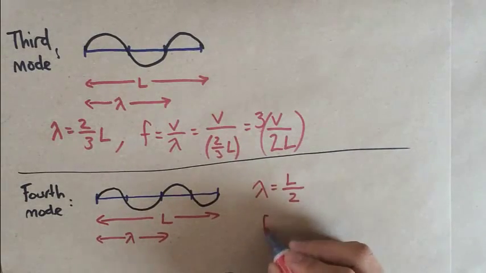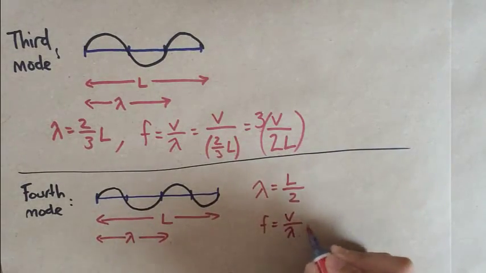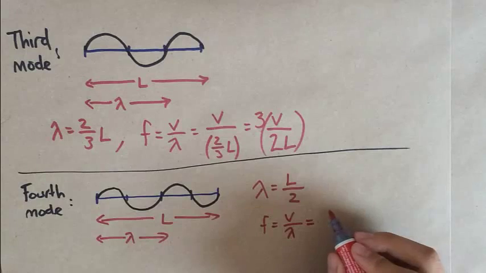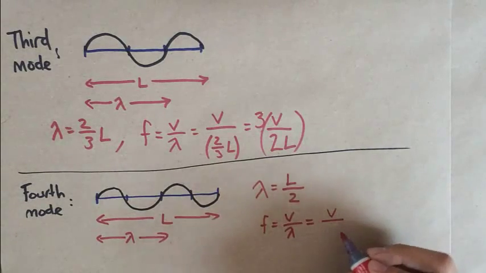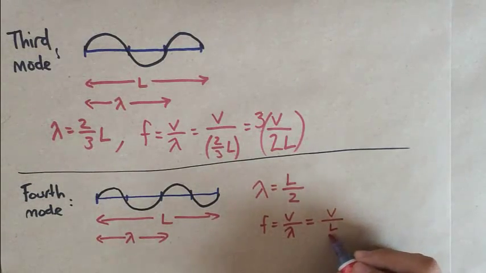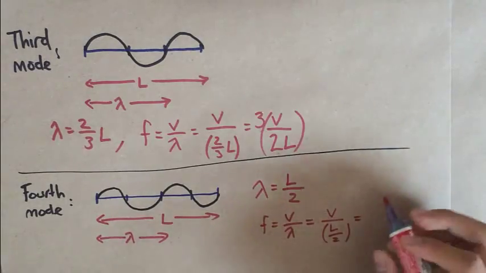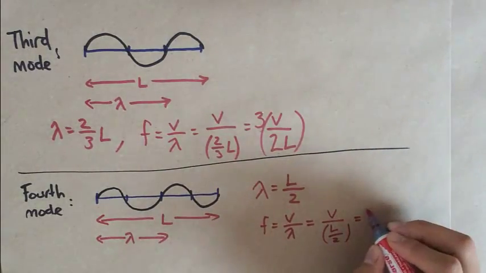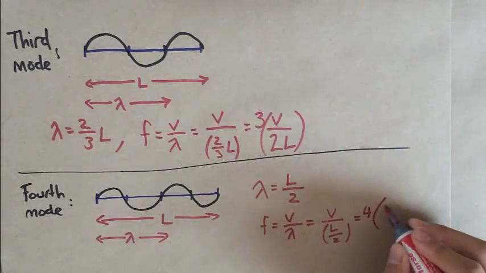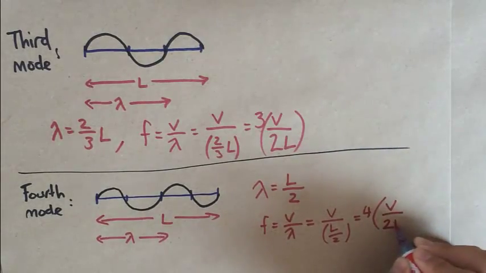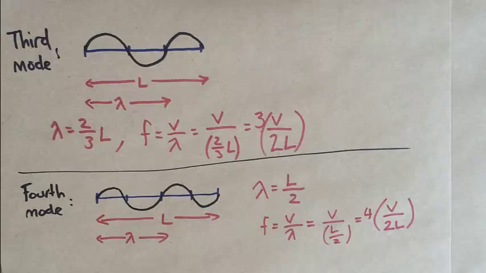So that means the frequency, if you write out v over L over 2, would equal, if you play around with your fractions, you will work out that it's 4 times v over 2L, which means it's 4 times the original frequency, the fundamental mode.